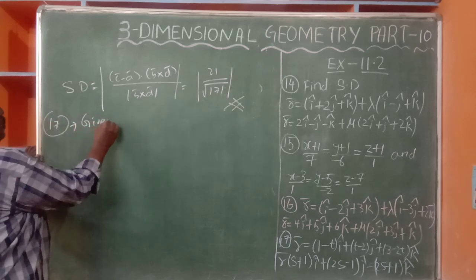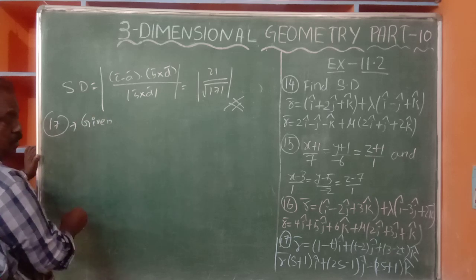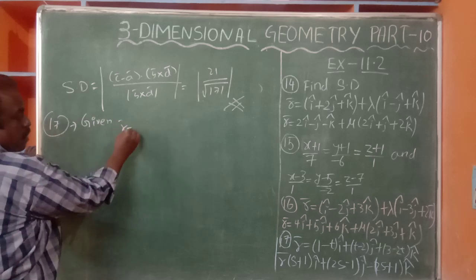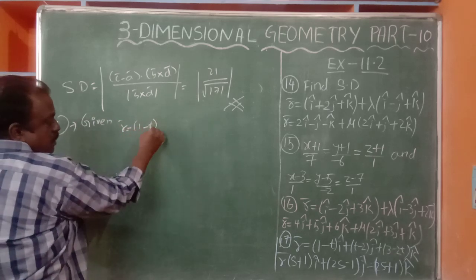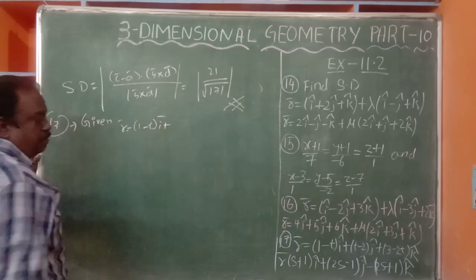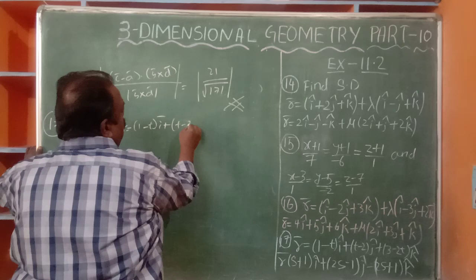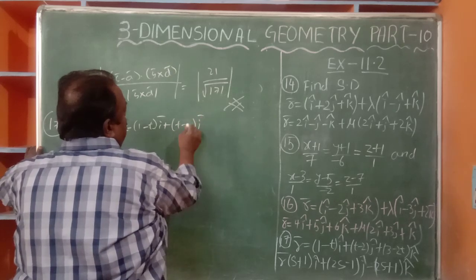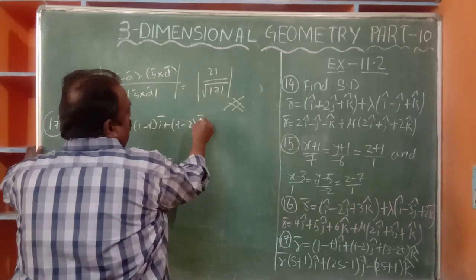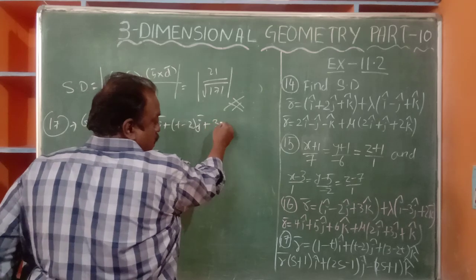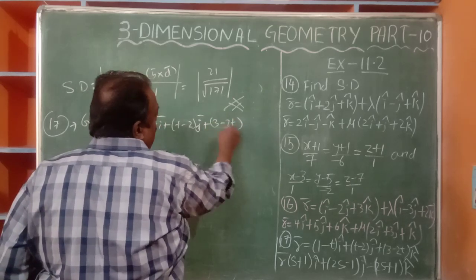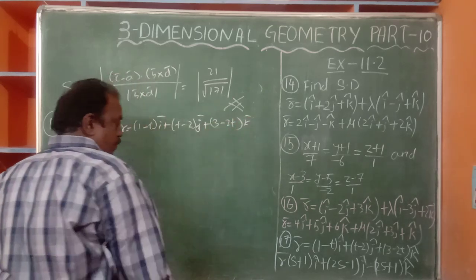What is given? R bar is equal to (1 minus t) i cap, (t minus 2) j cap, plus (3 minus 2t) k cap.